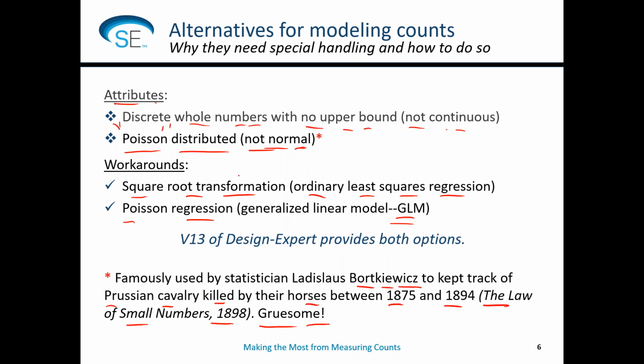And for me, it's a little bit simpler to contend with in some regards than the Poisson regression. Nevertheless, I do think it's well worthwhile to try both the square root and the Poisson regression, and then kind of go with whichever model you think is going to work for you best.